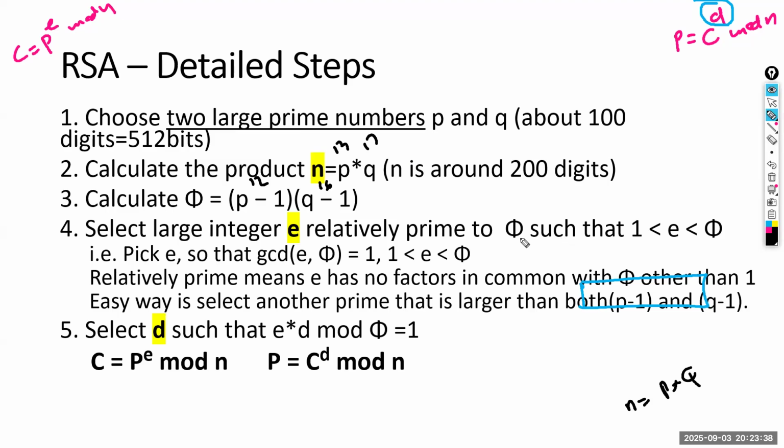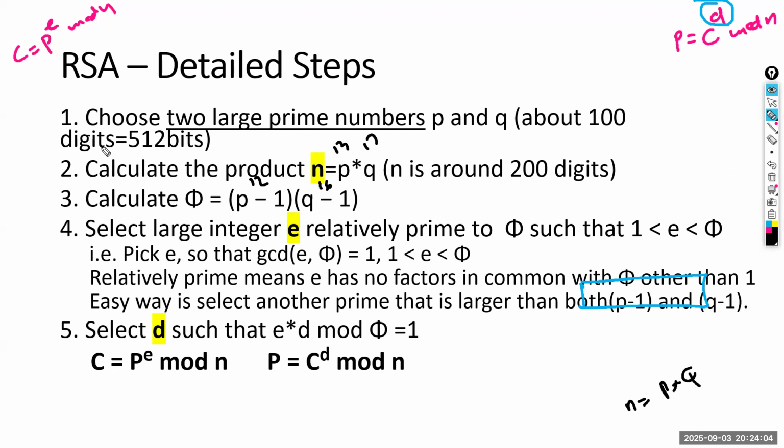Now you have found e also. Then you need to find d. How do you find d? Select d such that e into d mod phi equals 1. That is how you find d. Then you have found d also. Remember, d is your private key, and e and n are part of the public key.